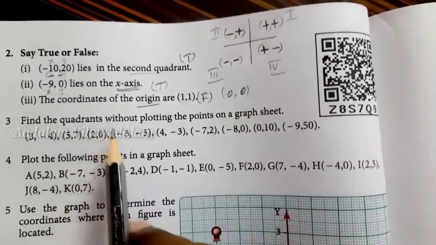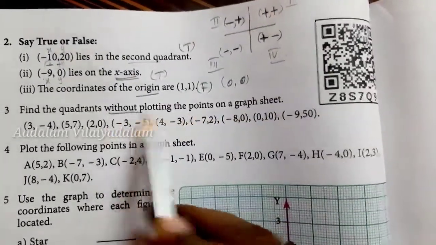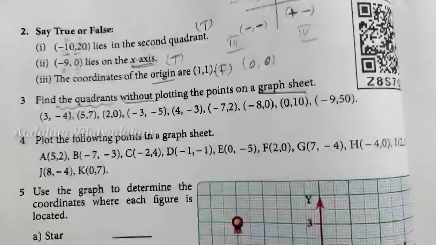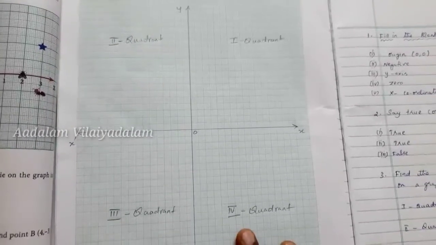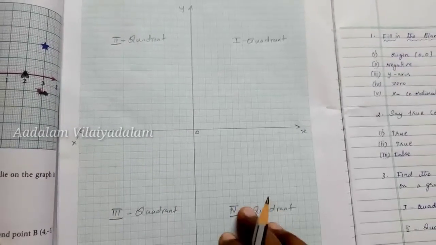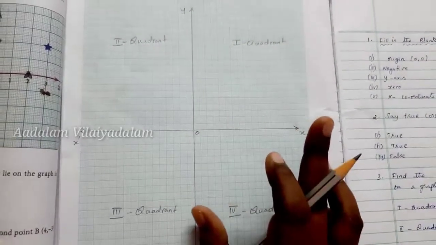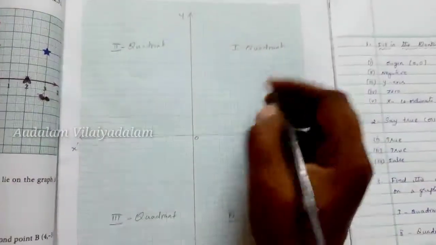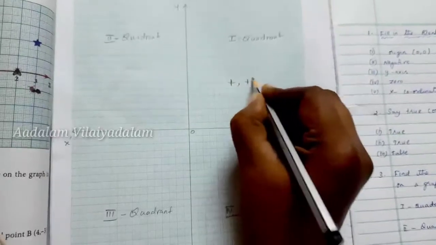Now the third one: find the quadrants without plotting the points on a graph sheet. So without a graph sheet, we need to find the quadrants. Clear? So this is the required graph sheet. Here we are not going to plot the points, but rather find them using the signs. For the first quadrant, the values will be plus, plus.